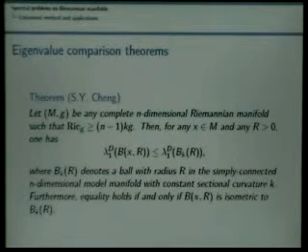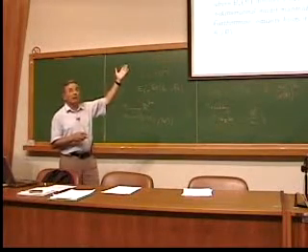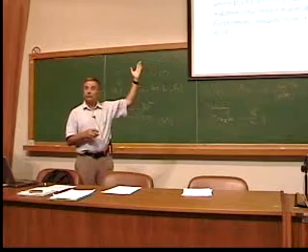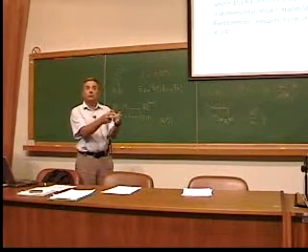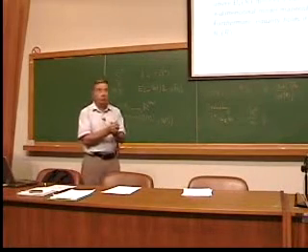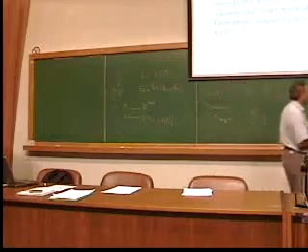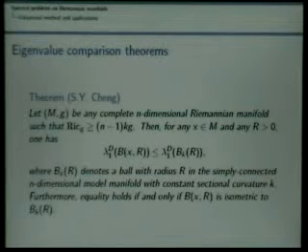And then what the theorem also tells you is that if you have equality, this exactly means that your ball must be isometric to the ball in the space with constant curvature. So let me briefly explain how one can prove this theorem. I will use it in the next theorem.